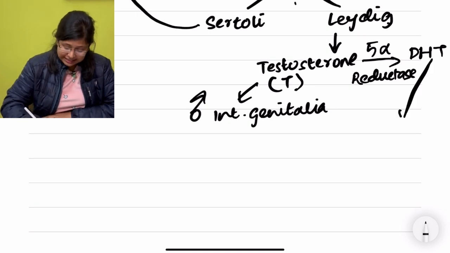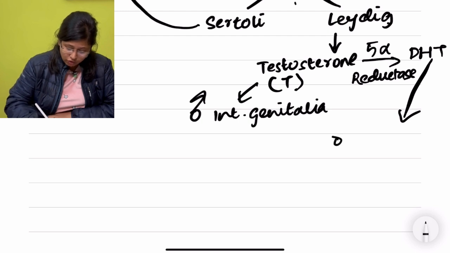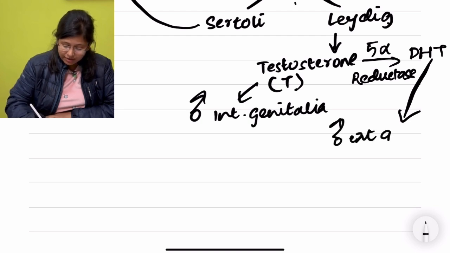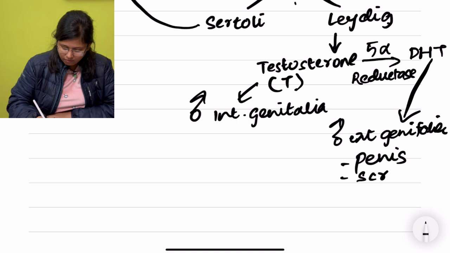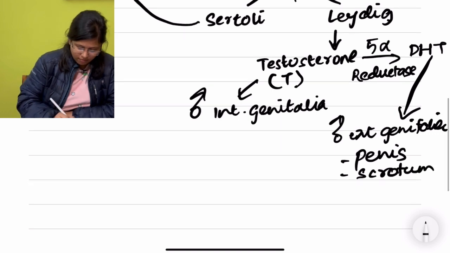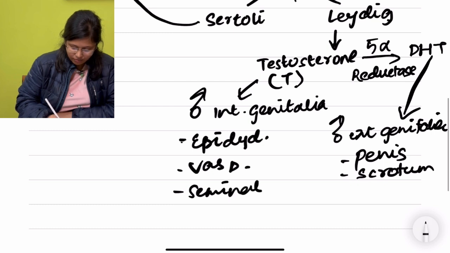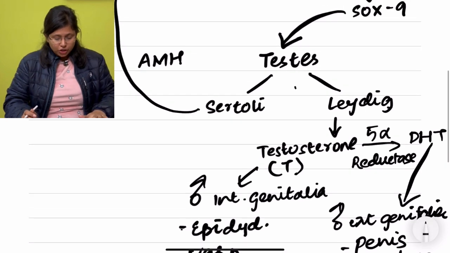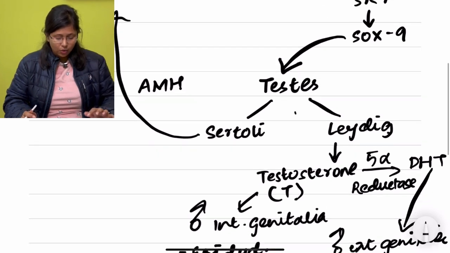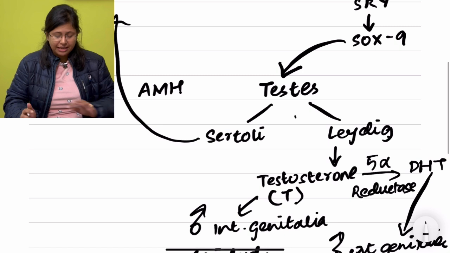This leads to formation of the male external genitalia, like the penis and scrotum. The testosterone leads to formation of the epididymis, vas deferens and seminal vesicles. So now we know how the male organs are being formed.